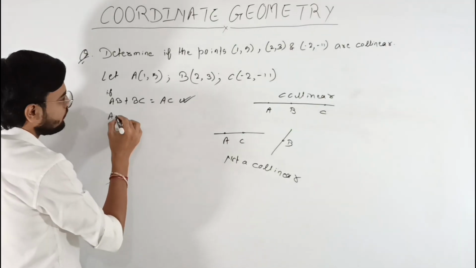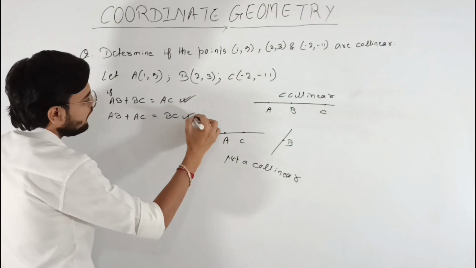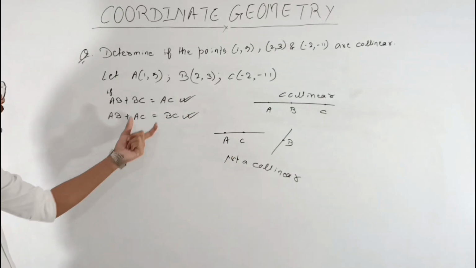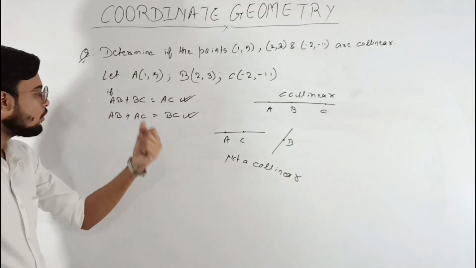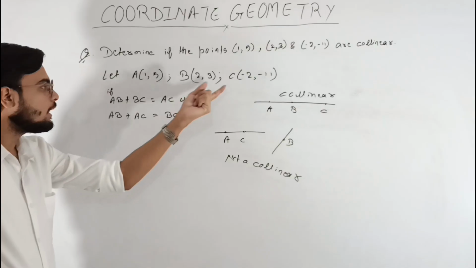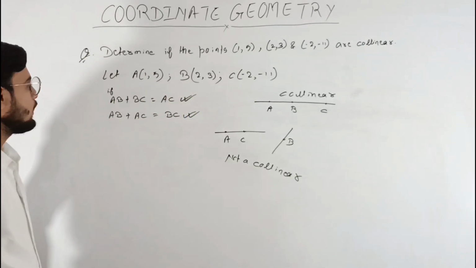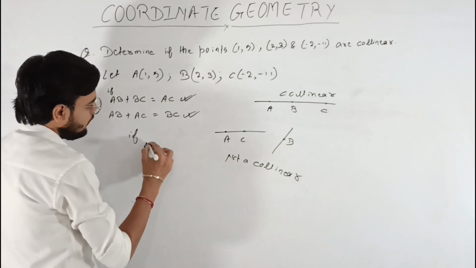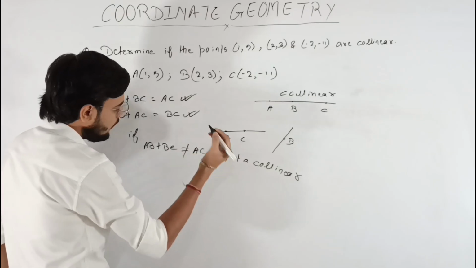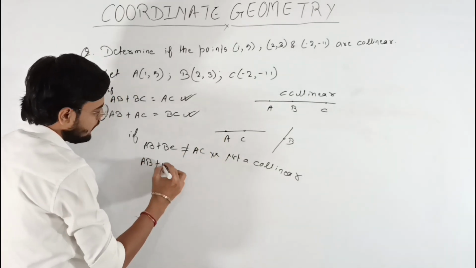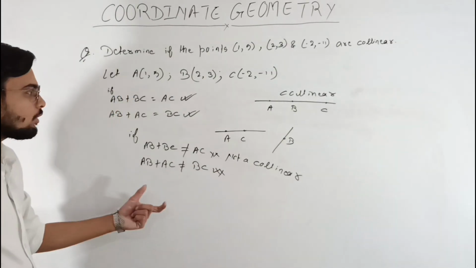Again, when AB plus AC is equal to BC, then again these are collinear. Now if AB plus BC is not equal to AC, then these are not collinear. If AB plus AC is not equal to BC, then again this is not collinear.